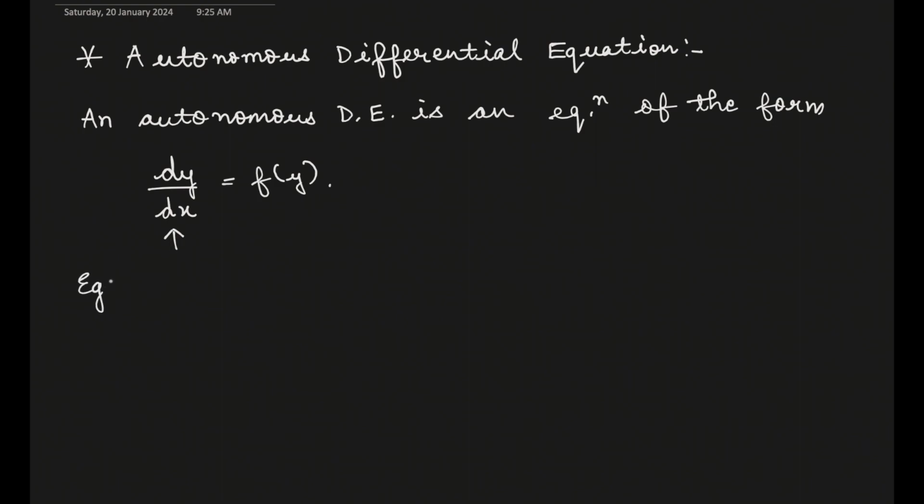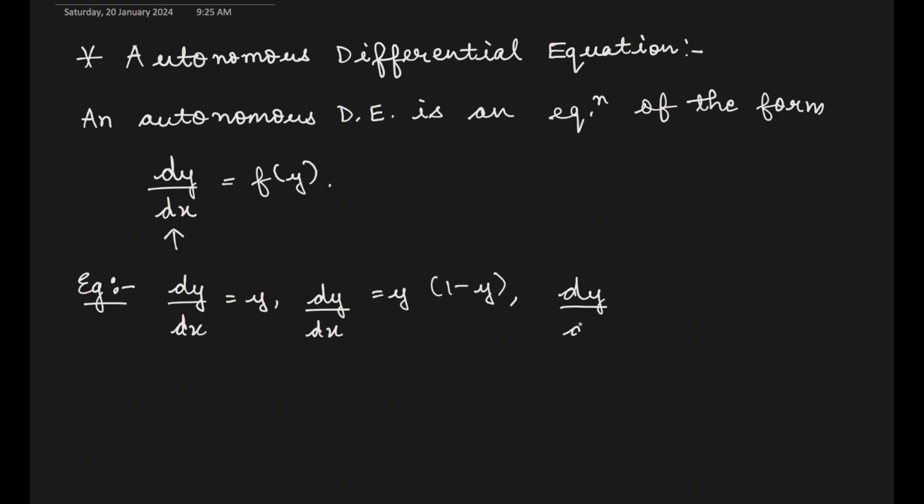For example, dy by dx is equal to y, dy by dx equal to y(1 minus y), or dy by dx equal to y(y minus 1)(y minus 3).